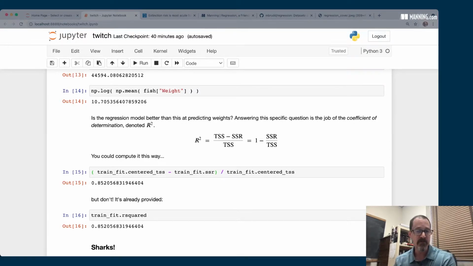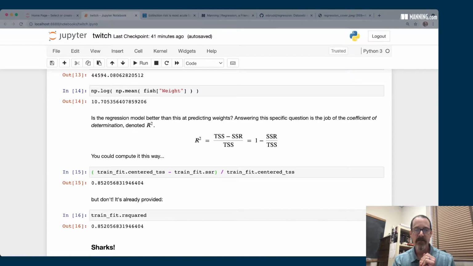So for every observation y, you compare it to the predicted value, y hat, and then you add up the sum of the squares of all those residuals. What that really does is compare these two models. You've got the null model, where you always guess the average, or the regression model, where you guess this linear function of the predictor. So the TSS is all about the null model, the SSR is all about the linear regression model, and this compares the two.